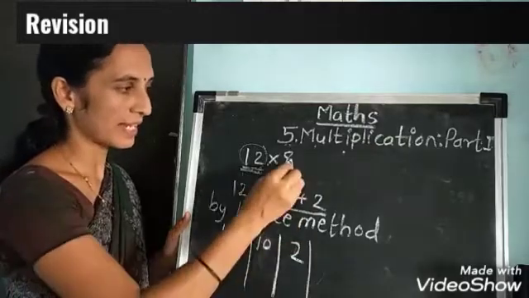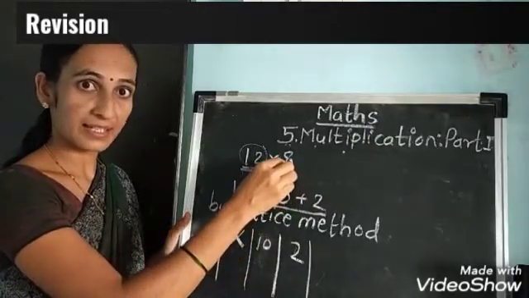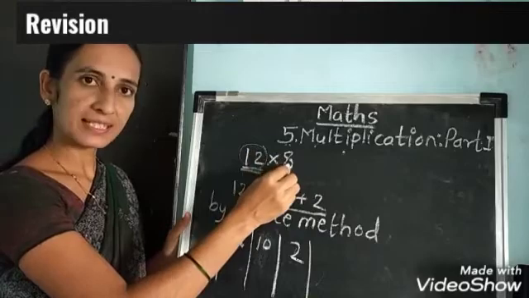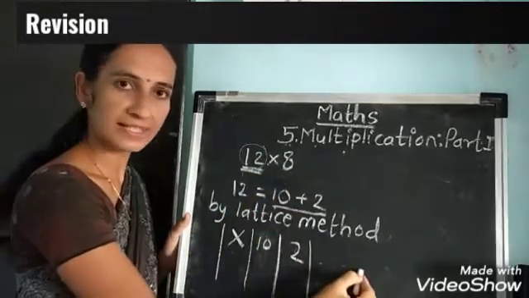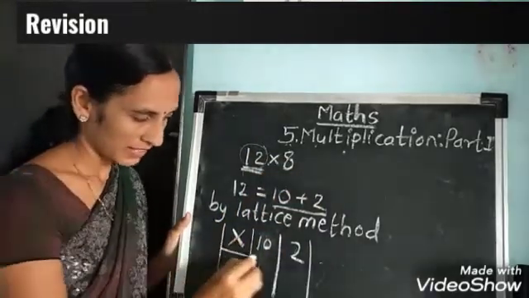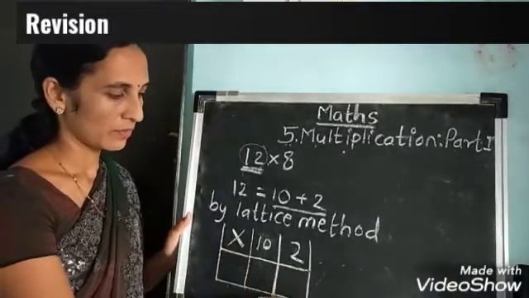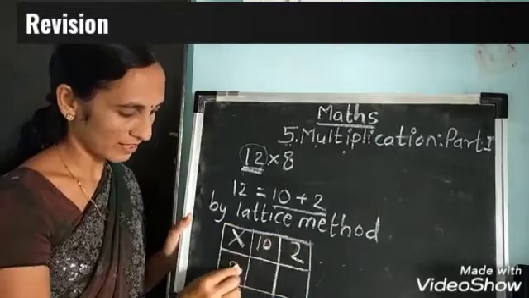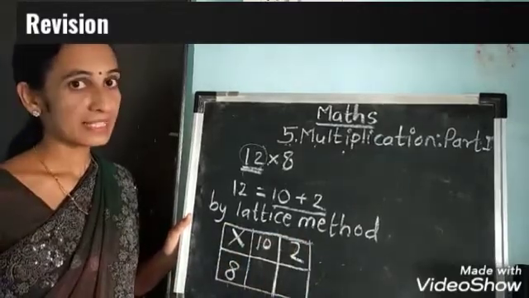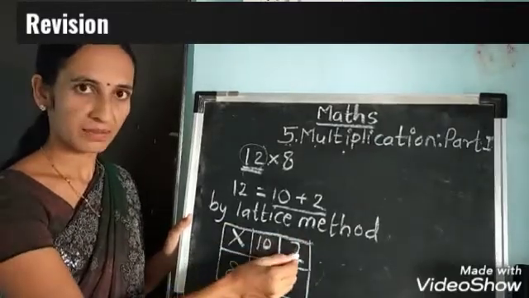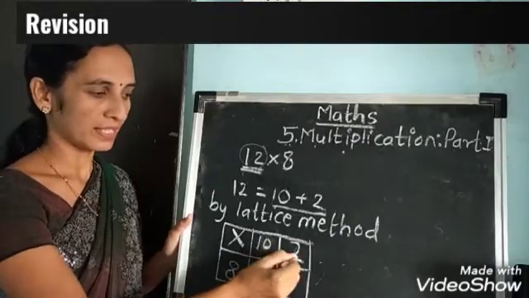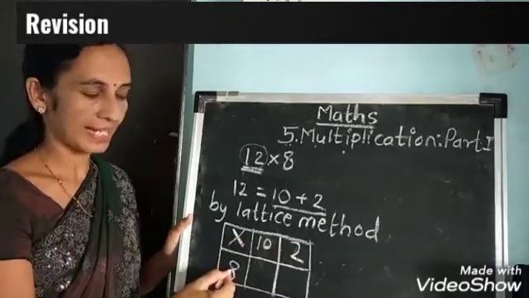Now what remains? 8, the second number in the example. After multiplication, we write 8 on this side. Now close the box and write down 8 here. It is our example: expanded form of 12 here, multiplied by 8.